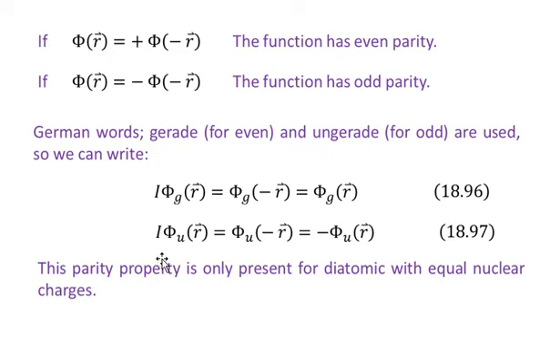And now I am operating the inversion operator on phi u. And you know that phi u means that it is an odd function. So when I operates on phi u, it will produce phi u of minus r, which will be equal to minus phi u of r.